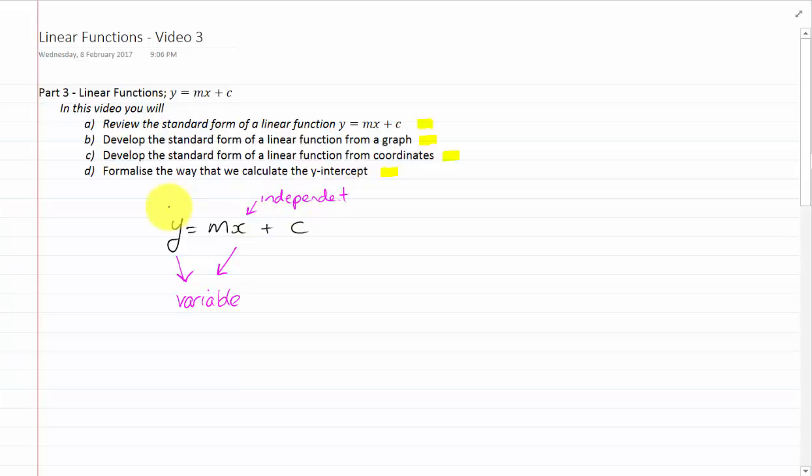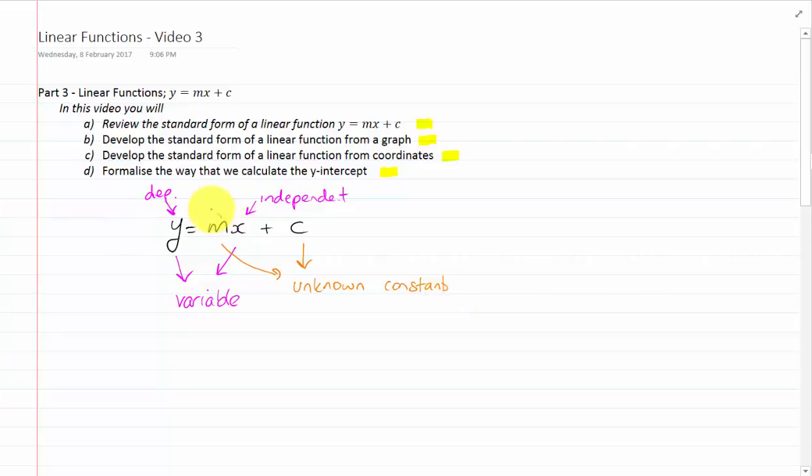Y depends on x. Based on what x is equal to, we can work out what y is equal to. And of course this also means that m and c are called unknown constants. They're constants because once found, they stay the same throughout for this function. But in some cases we might not know them initially.